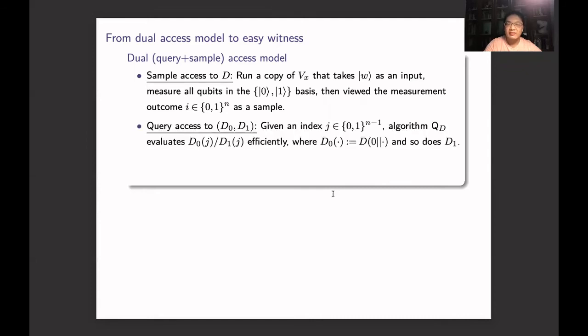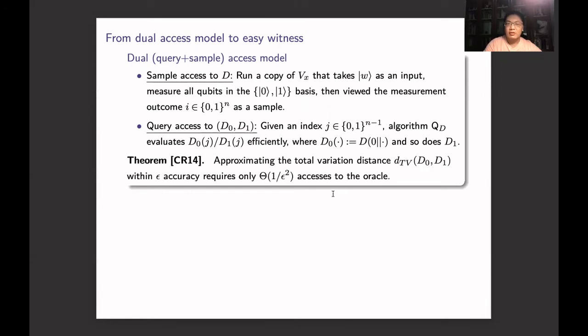Also, we need query access to D0 and D1. D0 is just defined by the distribution D where the first index is zero, and so does D1. So given index J, which is an (n-1)-bit string, there's an efficient algorithm QD that evaluates the quotient D0(J) over D1(J). And there's a result by Canonne and Rubinfeld.